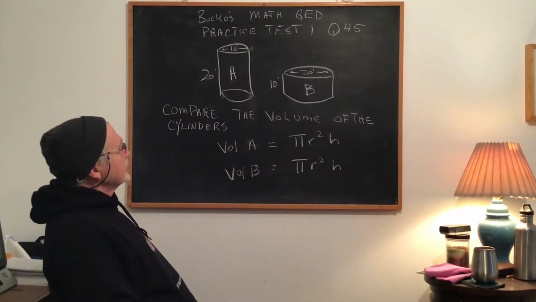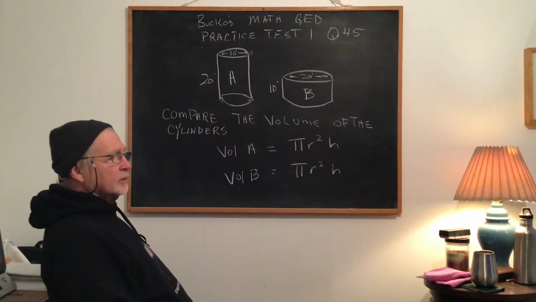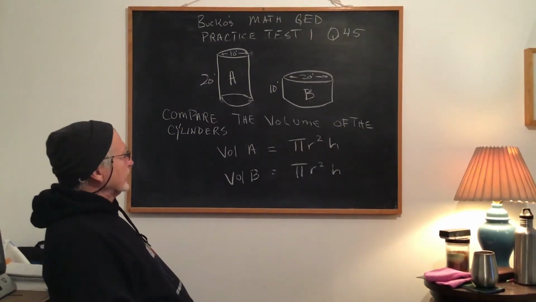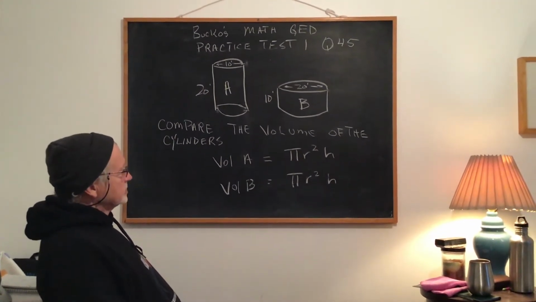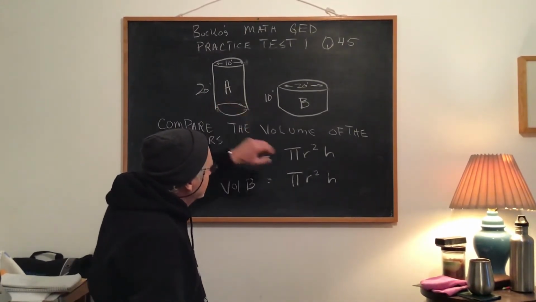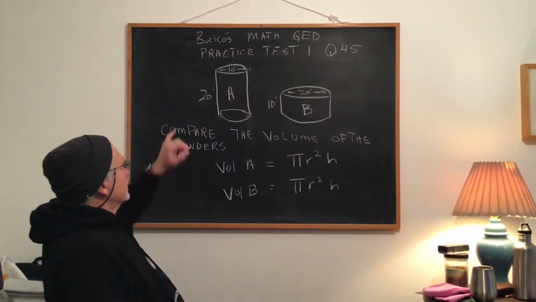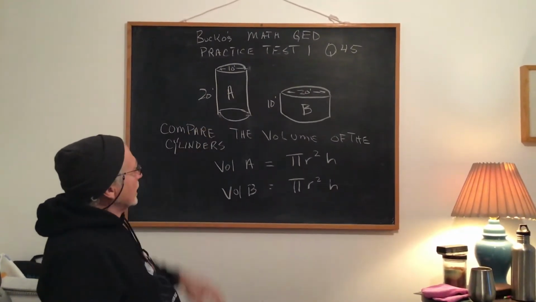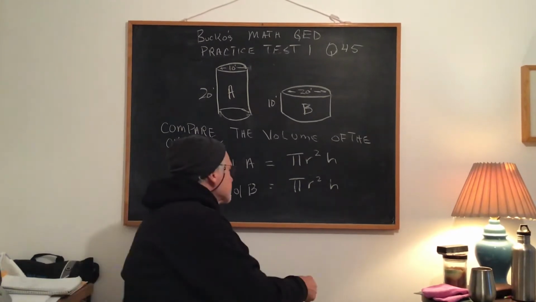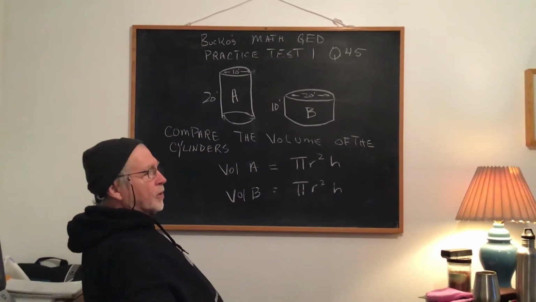On the GED test, you'll be able to have a drop-down formula for the volume of the cylinder. And the volume is pi r squared, which is the area of the base, times the height of the object. So on cylinder A, you have pi, which is 3.14, but they're both 3.14.